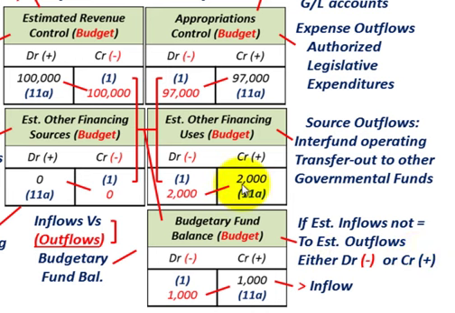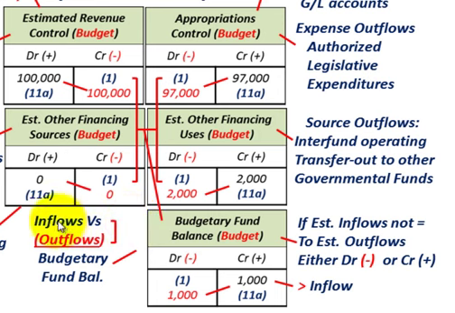So what we've done here is show it under the outflow side of the budget, and you can see the debit and the credit plus. So how are we going to come up with what should be included in our budgetary fund balance?